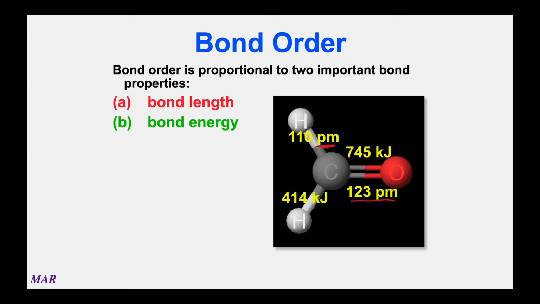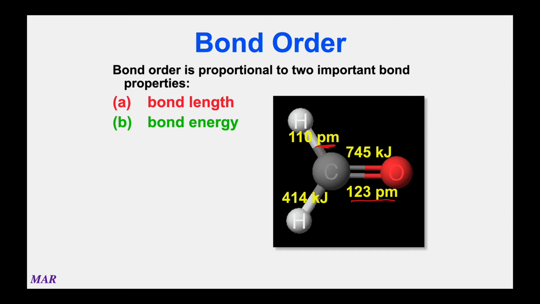But there's also some bond energy values. The 414 kilojoules is the energy to break a mole of carbon-hydrogen single bonds. It's endothermic. Bonds don't break by themselves, but if you add 414 kilojoules per mole, you'll break it apart. The carbon-oxygen double bond takes 745 kilojoules to break up a mole of carbon-oxygen double bonds.